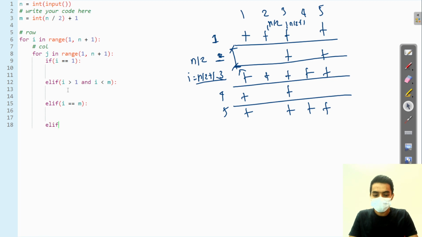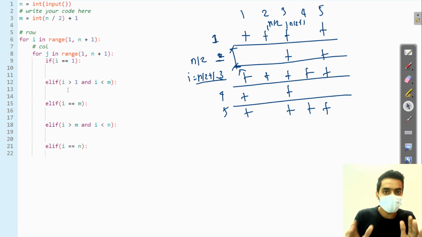Now the fourth compartment will be i is greater than m and i is less than n, and the last compartment will be else if i is equal to n. So for these 5 compartments, we have to write the code for at which point we have to print the star. So first we are considering stars here.